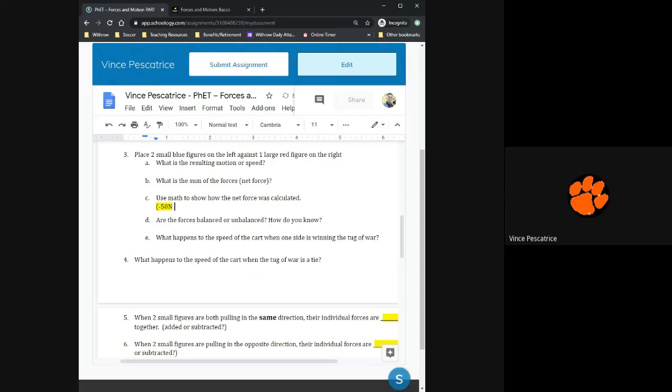Since you had 2 of them, you have to add those forces together like you told me earlier. So negative 50 plus negative 50. These represent the 2 small blue guys on the left-hand side, each pulling with 50 newtons. Since it's the sum of the forces, you have to add it together.